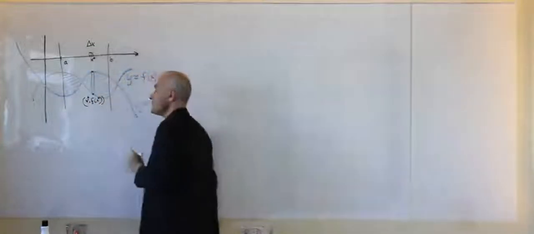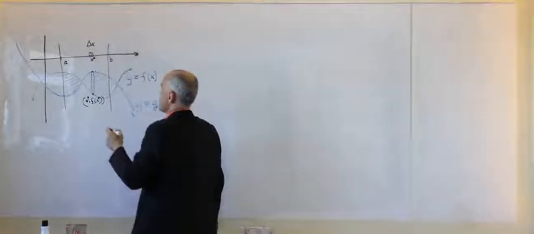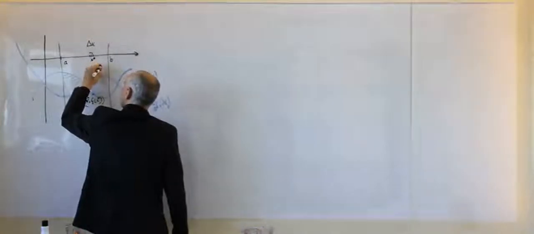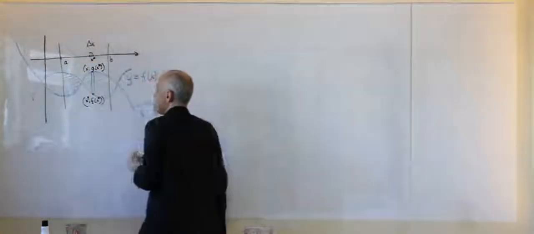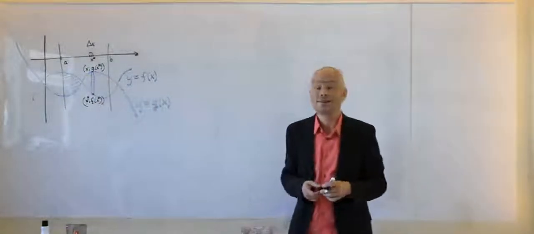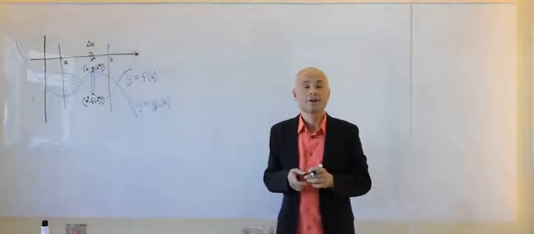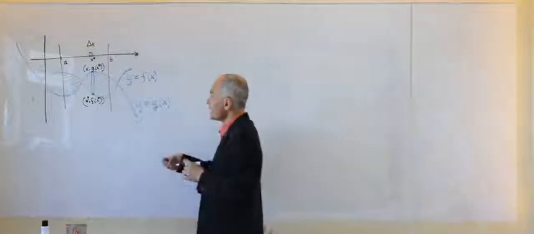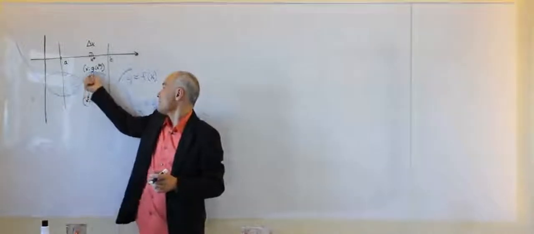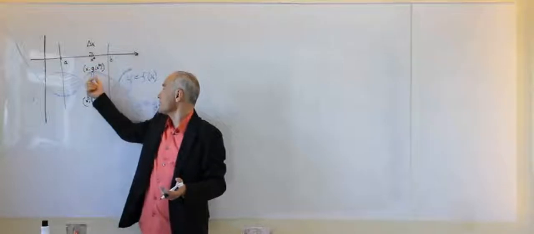And the coordinates of this point, x star, g of x star. Okay, so we have 2 points, so now we can apply the distance formula to get the height of that rectangle. You could use the square root of the difference of 2 coordinates, but notice that since the first coordinate is the same, the distance between these 2 points is simply the absolute value of the difference between g and f.